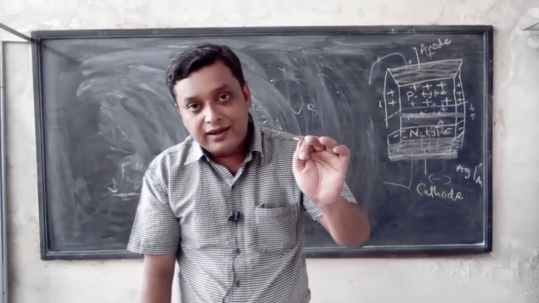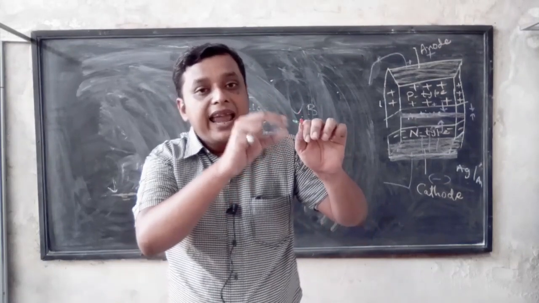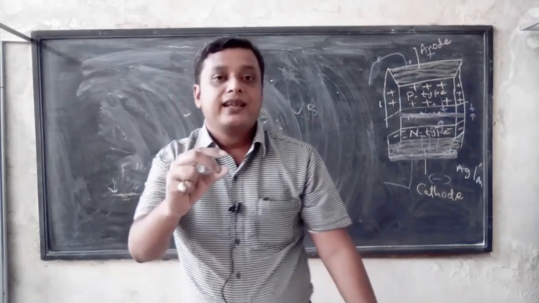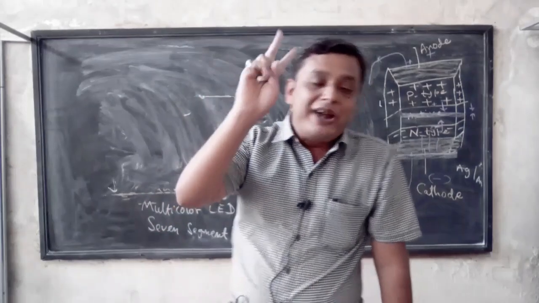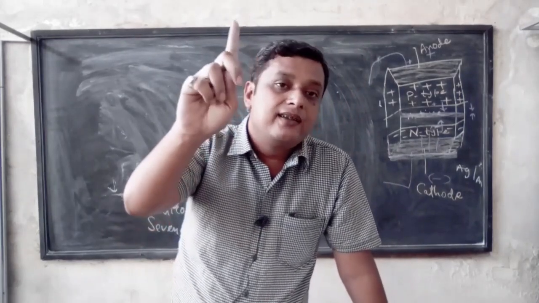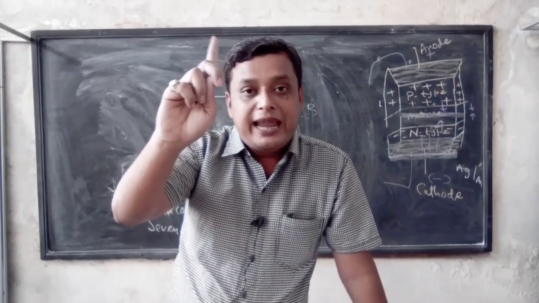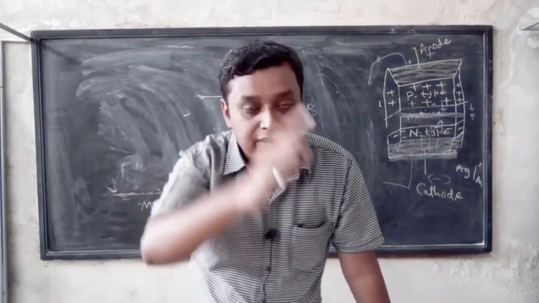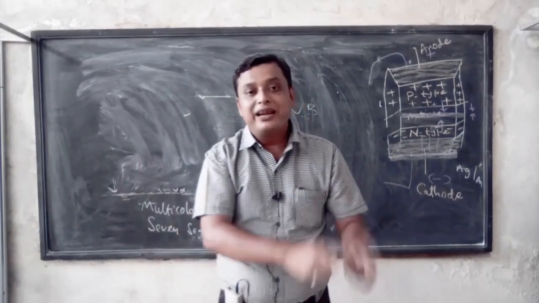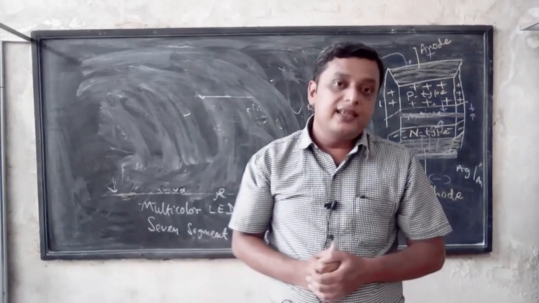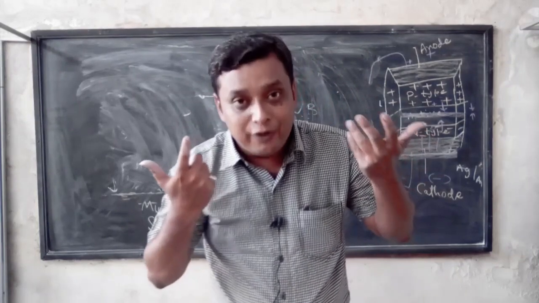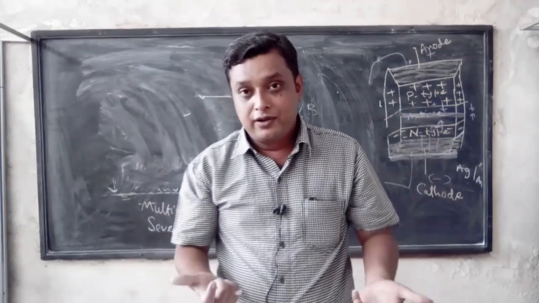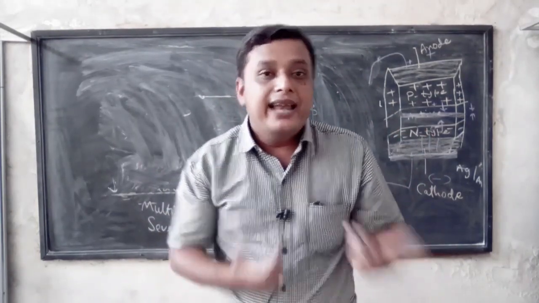Again I am saying that which color light will be emitted by the LED totally depends on two fundamental properties. One is which impurities have been used to fabricate this LED, and another is what doping level of concentration is used to prepare the LED.